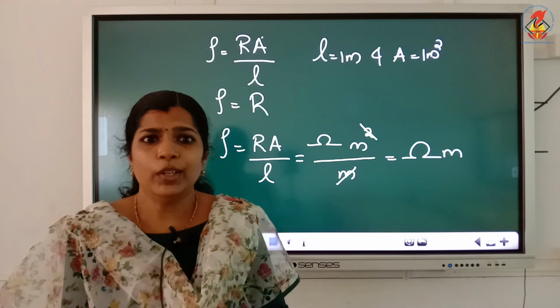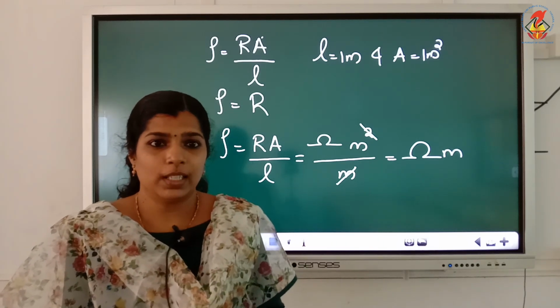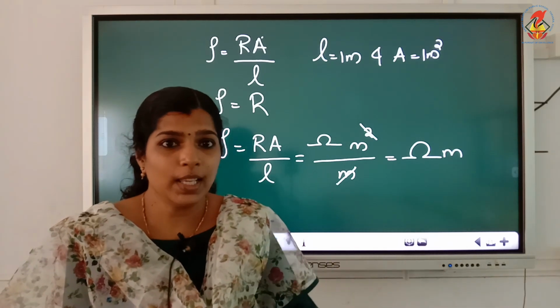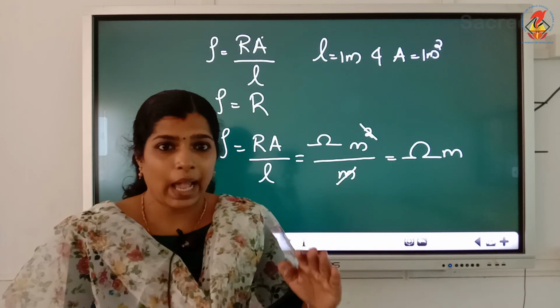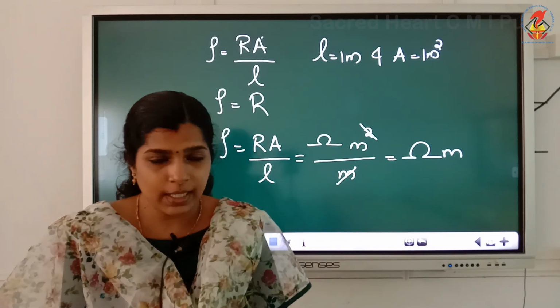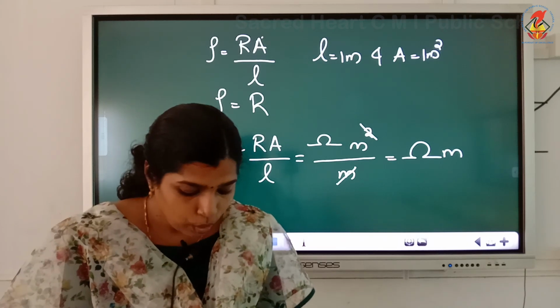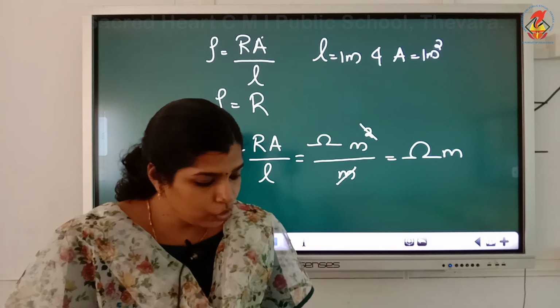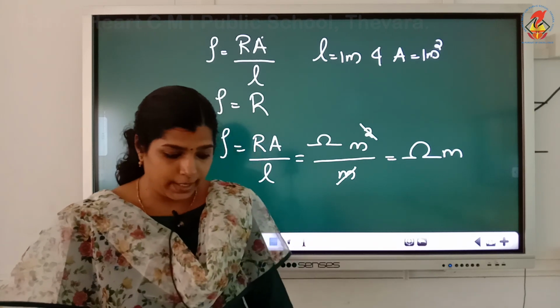Conductors are substances which allow electric current to pass through them easily, meaning they have low resistance. A conductor allows electric current to pass through it easily.